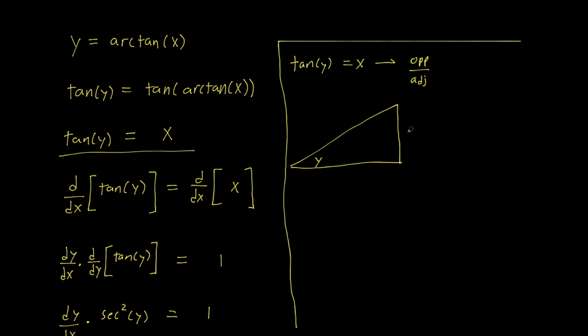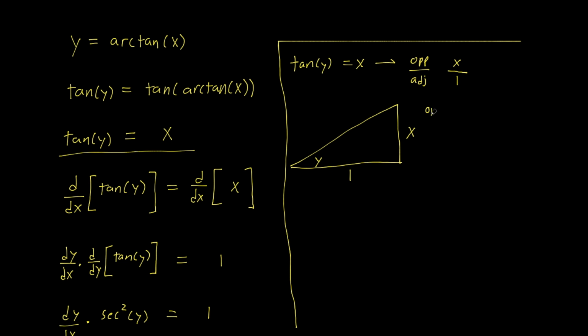The opposite side can just be treated as x. And then we can have an adjacent side equal to 1. And so the tangent, the opposite over adjacent, is going to be equal to x. So that satisfies this. Now we can find the final side by using the Pythagorean theorem.